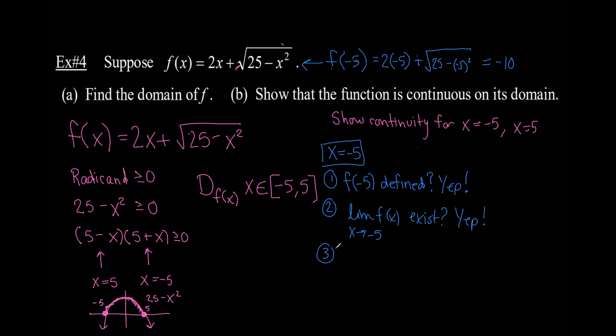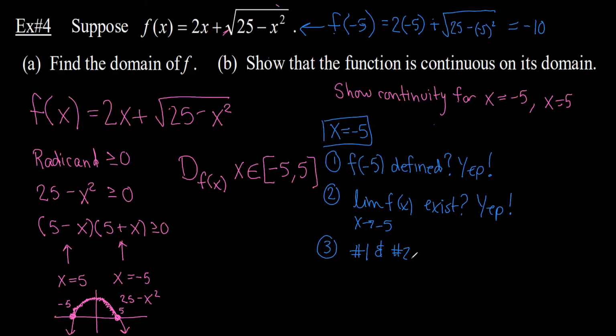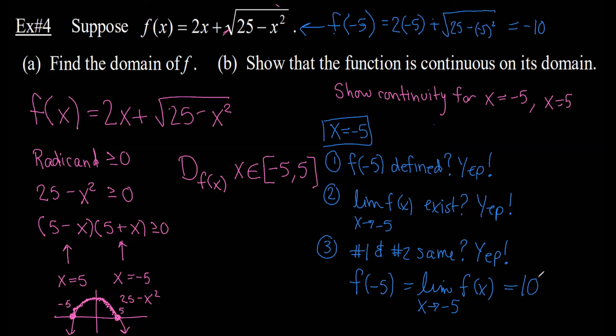And then thirdly, are number 1 and number 2 the same? That's a yep as well, because f of negative 5 gives me the same value as the limit as x approaches negative 5 of f of x, which is negative 10. So it is continuous at negative 5.